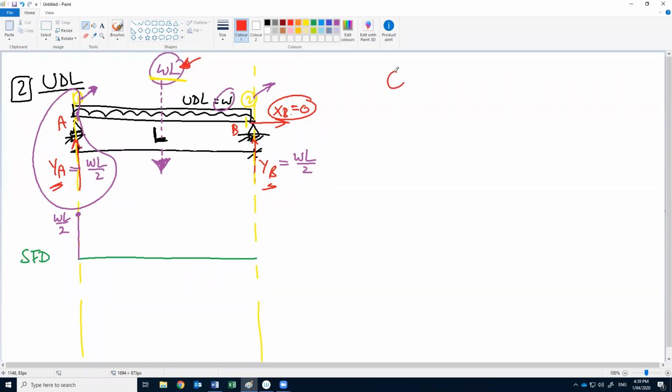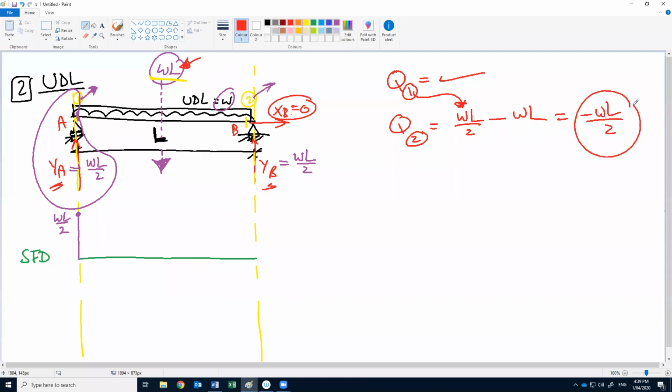So what we will do is calculate the shear at the start, and the shear at the end will be the shear at the start, which is WL by 2, minus the equivalent resultant, which is WL. Okay, this gives us negative WL by 2. This is how we deal with it.